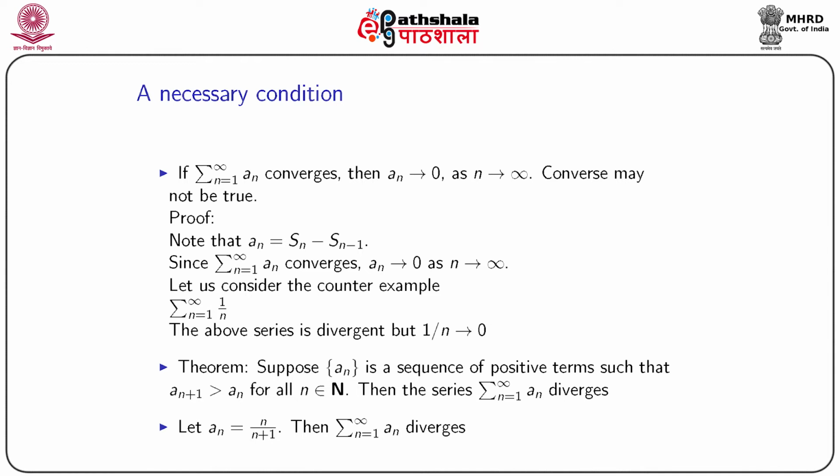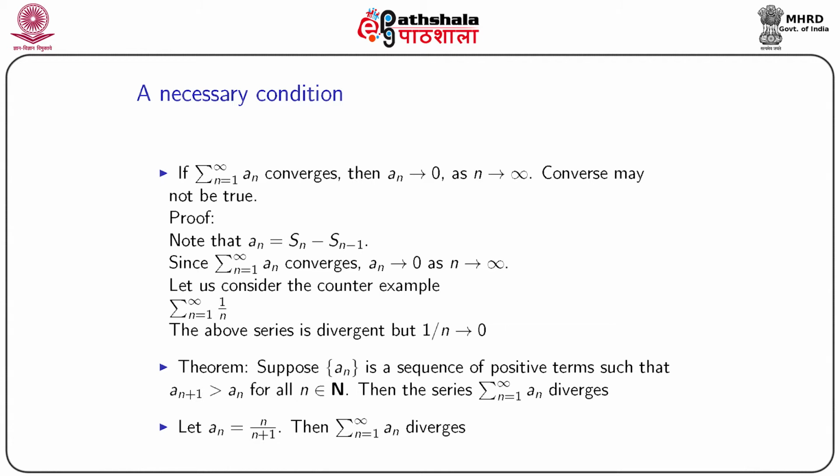Now we have one important theorem. Suppose an is a sequence of positive terms such that an plus 1 is greater than an for all n belonging to the set of integers. Then the series sum over an diverges because the series is expanding. An plus 1 greater than an means a2 is greater than a1, a3 is greater than a2, so we are getting larger real numbers in that sequence.